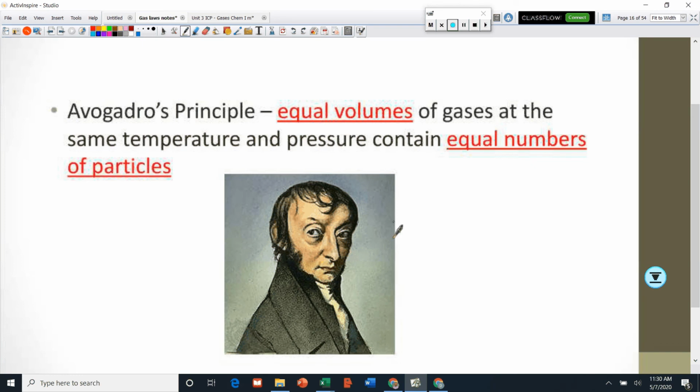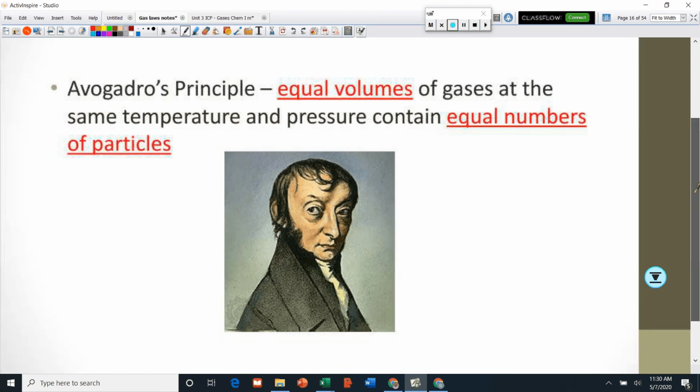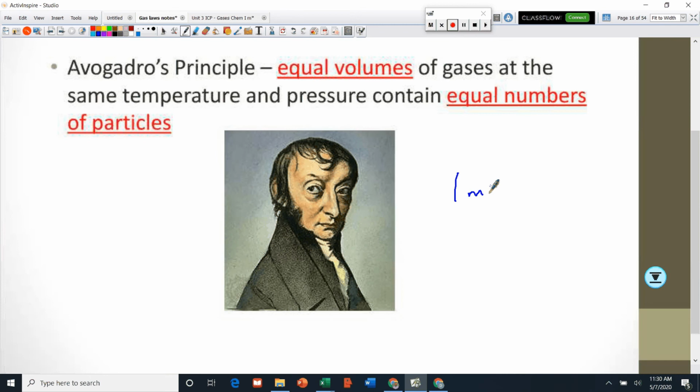Again, we're not going to be using Avogadro's number in this. We're going to be using the molar relationship that 1 mole is equivalent to 22.4 liters.